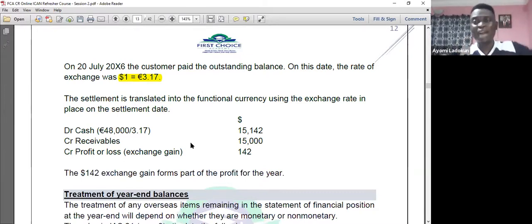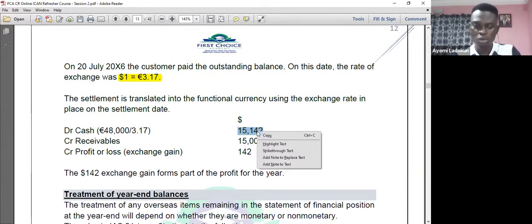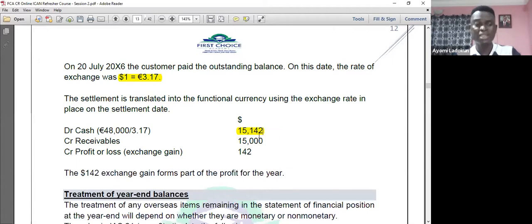According to IS 21, I must retranslate to my functional currency using the spot exchange rate. So I have to retranslate again. I will now say 48,000, that is the value, divided by 3.17. So I have 15,142. Don't forget, I said whenever you retranslate, you either have a loss or a gain. How will I know?